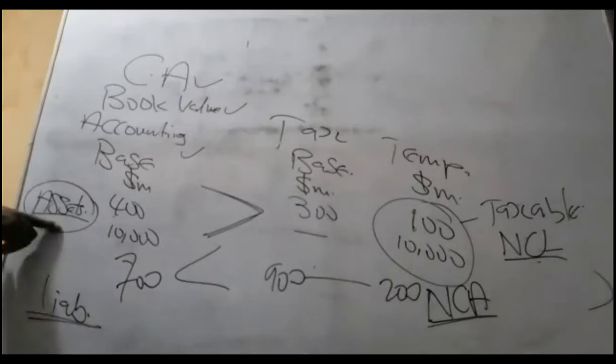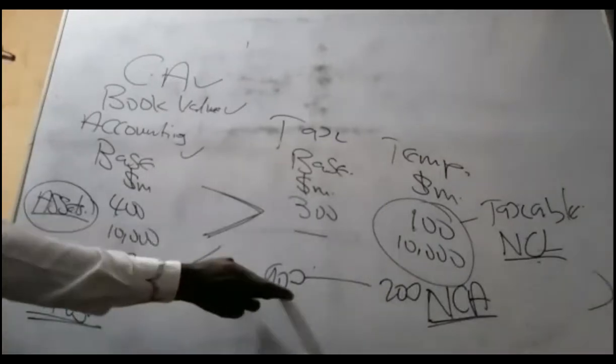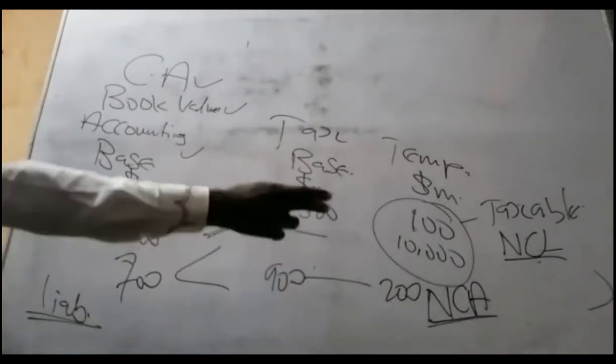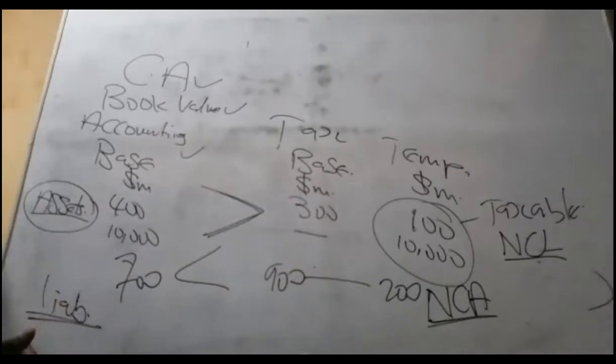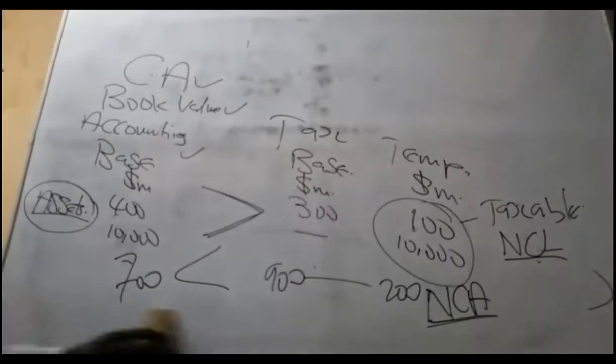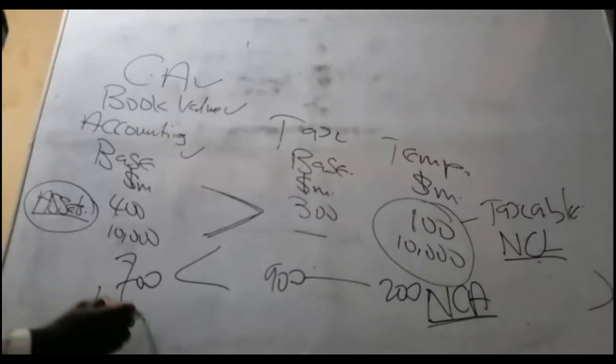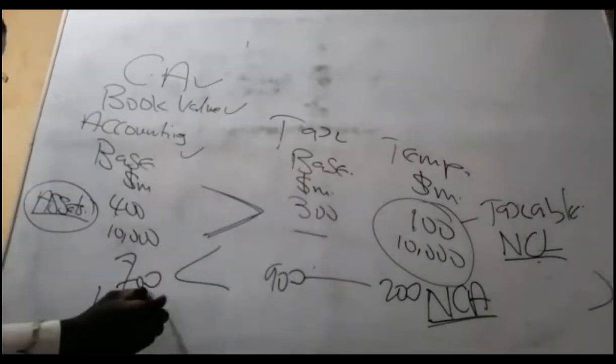If assets, the carrying amount is lower than the tax base, then we call it deductible. What if it's a liability? It becomes taxable. That's all. We are done. So let me write that one also here nicely. So for a liability, if the tax base is what?